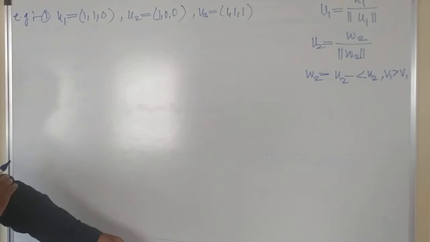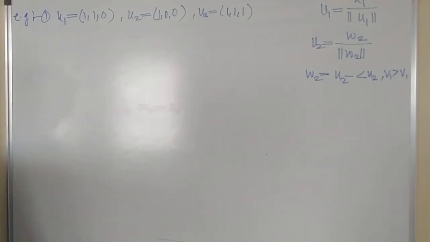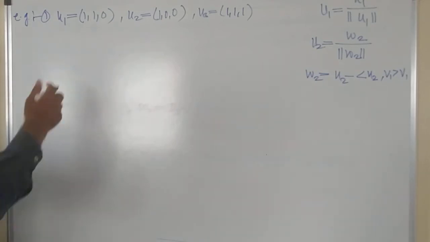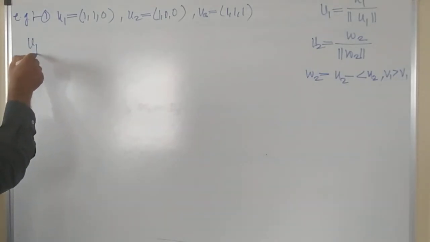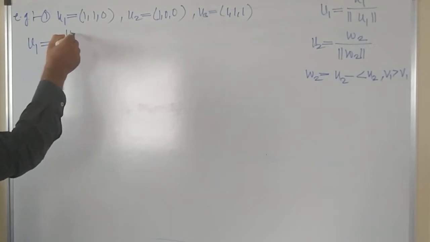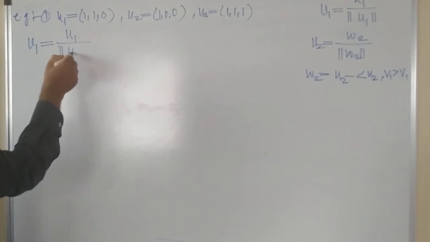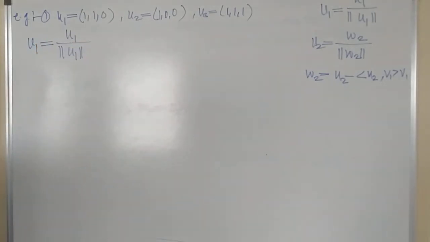So these are the three vectors given to you, u1, u2 and u3, right? And you have to calculate v1, v2, v3 and w2, w3. So let's calculate v1. v1 is equal to the vector u1 divided by the norm of u1.